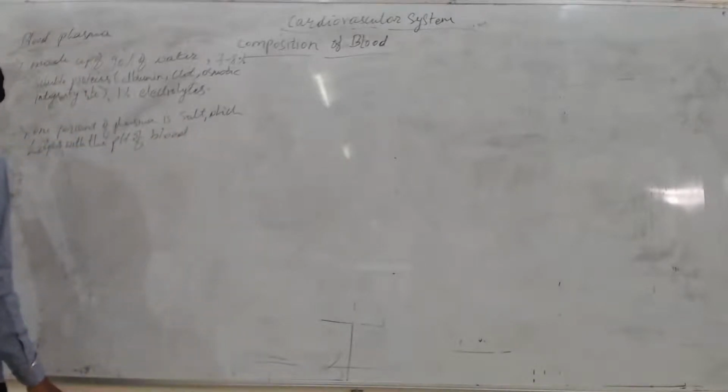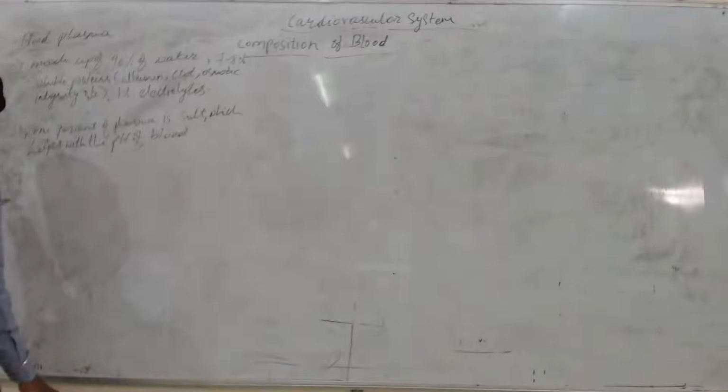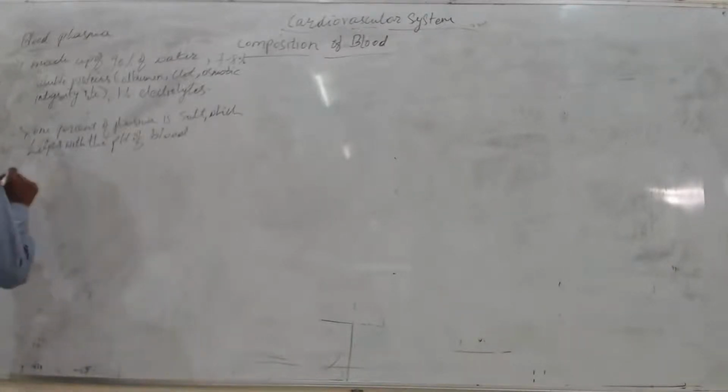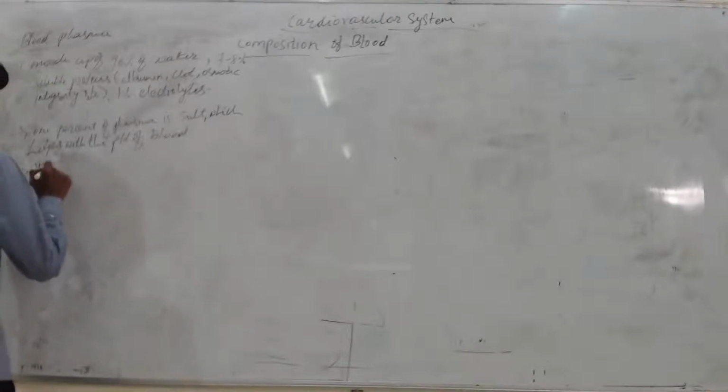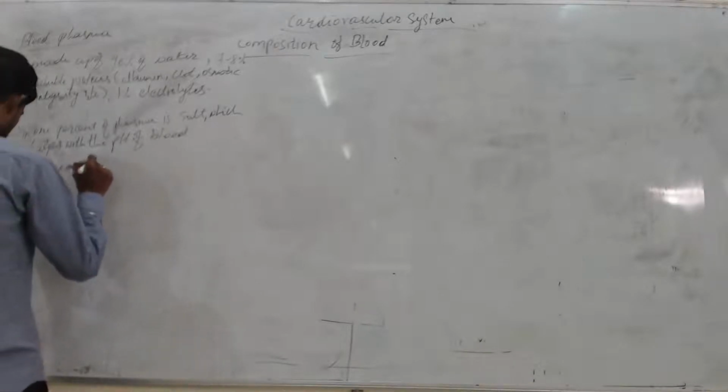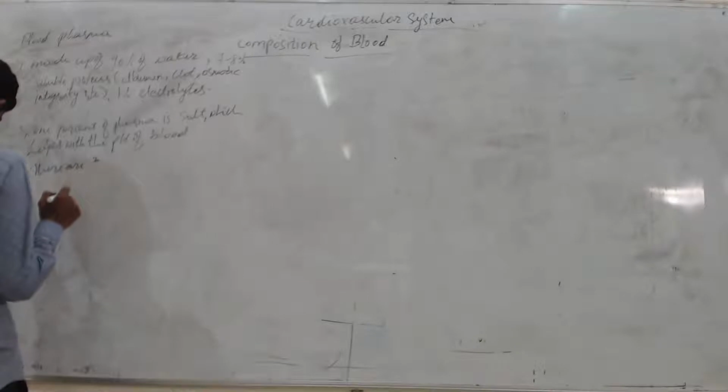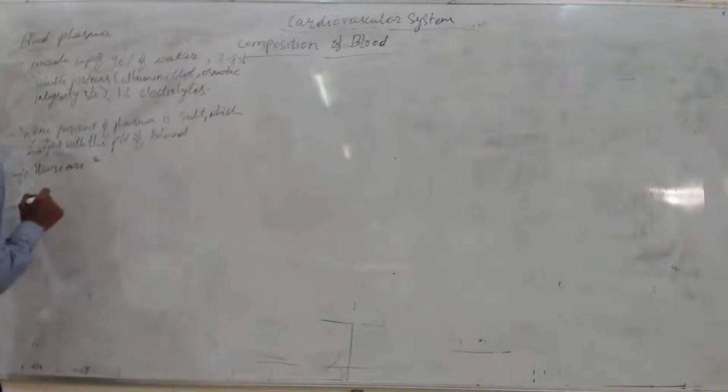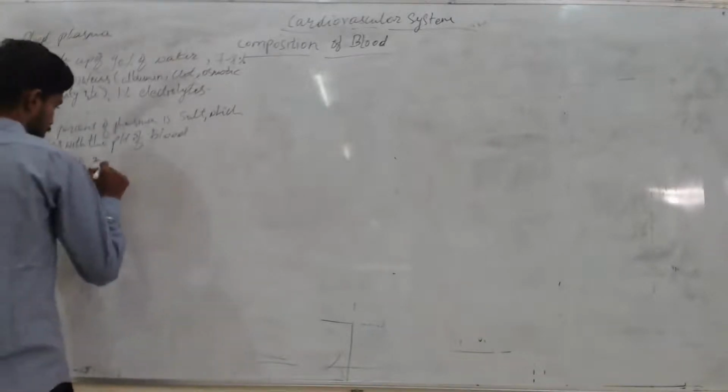The largest group of solutes in plasma contains three important proteins to be discussed. There are albumin, globulins, and clotting proteins.